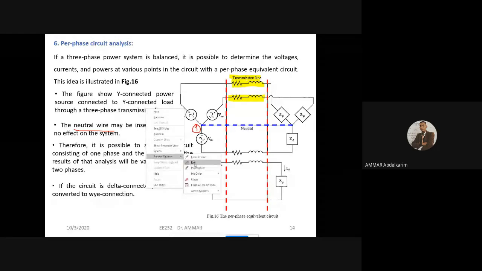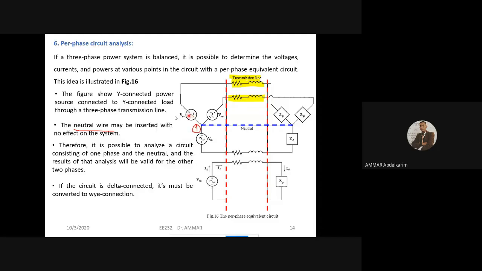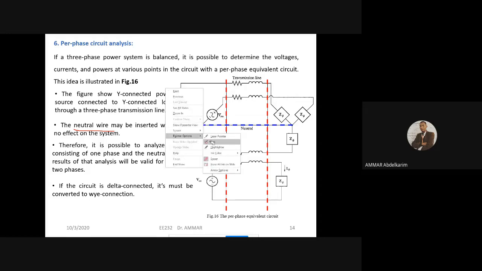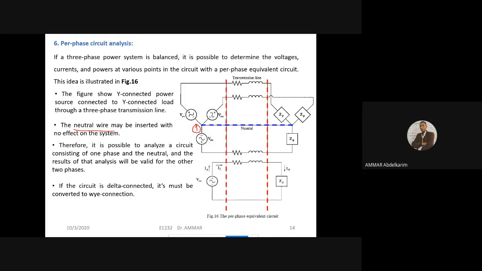Let's try to analyze a single phase like this. For example, if we try to draw a mesh, for example, starting from A here, through this load, then we return by this neutral.